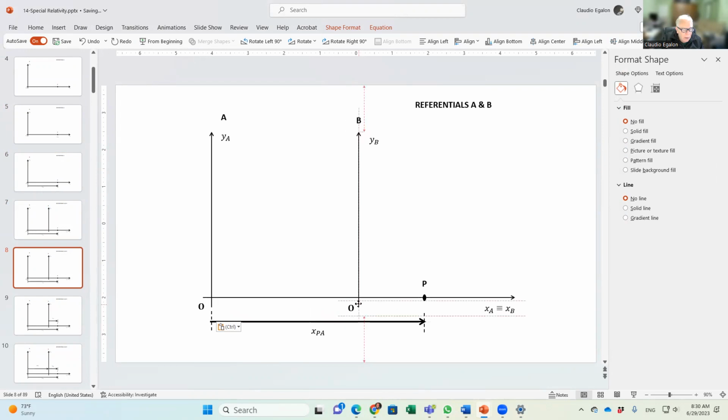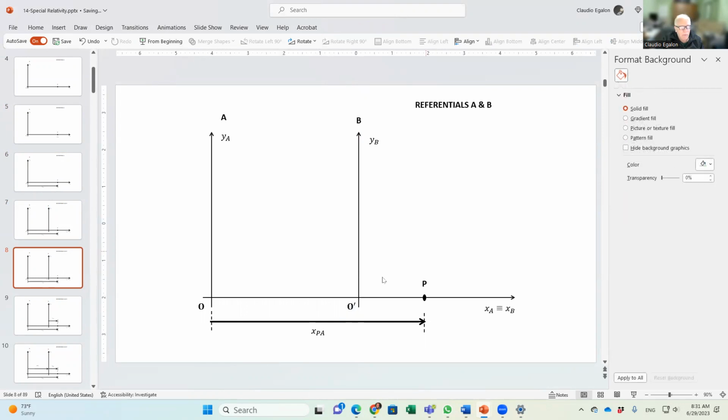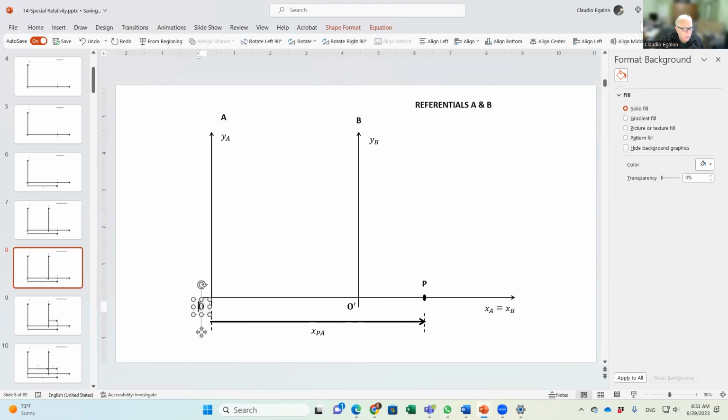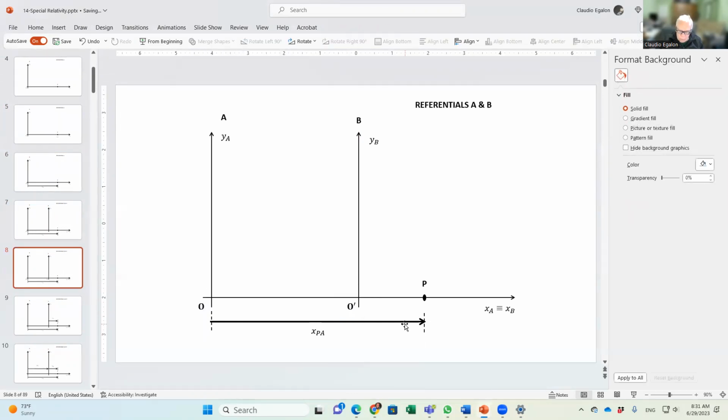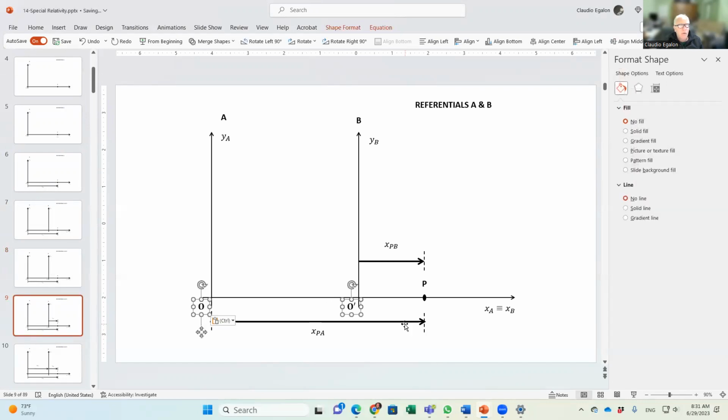Here you go. Now, I'll call this origin prime to differentiate from the origin of the other one. And now that I have those two origins here, this point P can be referenced with respect to referential B as well.